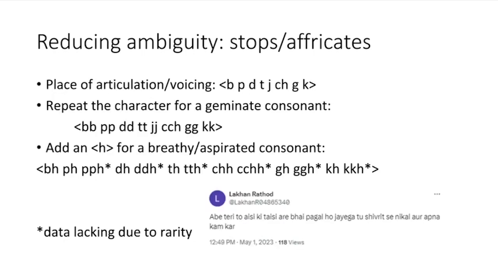What I found is actually that there is a very elegant system for representing these. There are a few exceptions, which I will discuss. But generally, this is how the system works. You start with the combination of place of articulation and voicing.